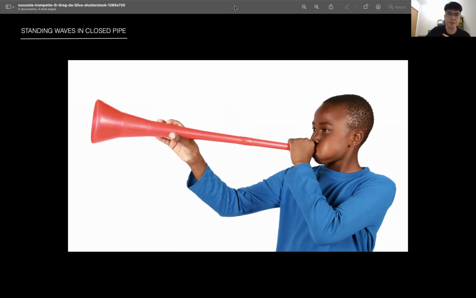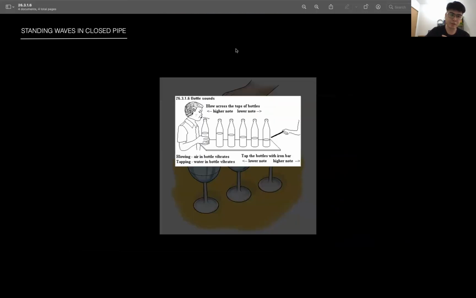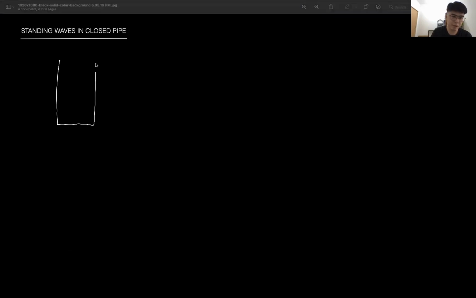So how is it produced in the closed pipe? Let me draw something like this. This is the pipe. Now, think of it as one single particle. When I blow air across it, what happens to the particle at the open end? Because it is an open end, the particles are free to vibrate up and down, left and right.